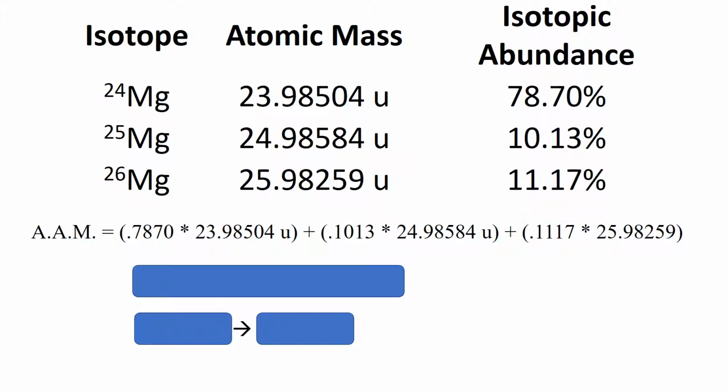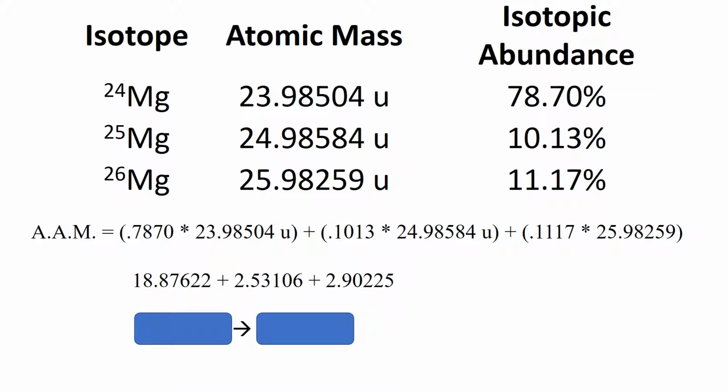So I have 3 little mini multiplication problems, and that gives me 3 different products. And then I would add them all up, and the last thing I do is round for sig figs, and all my percentages have 4 sig figs, so my answer can have 4 sig figs. So my answer becomes 24.3 grams.